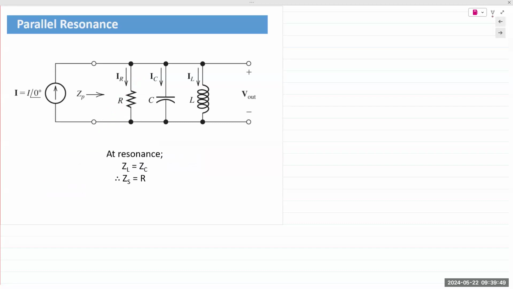Now, the way it works here is like this. You have ZEQ, it's in parallel. You have R. You have 1 over R plus, and I'm going to separate this out so it makes it easier, 1 over ZL plus 1 over ZC, right? If I just solve the other two, ZL and ZC in parallel, what do we get? We get ZL times ZC over ZL plus ZC.